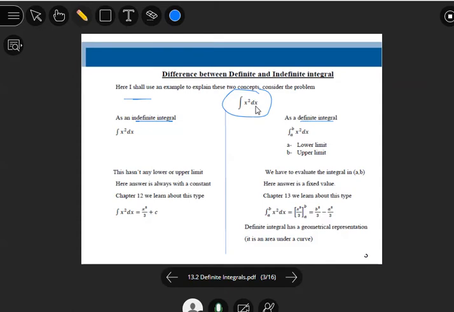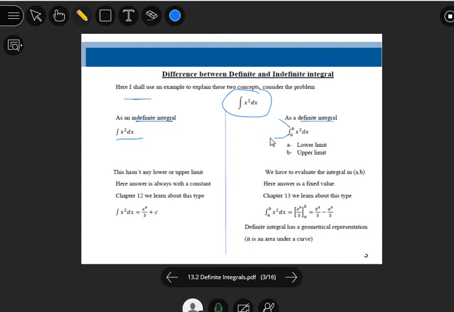Now let's see, if we consider it as an indefinite integral, what is the idea. So already we have learned about these integrals and we have solved such problems. But when we move to definite integrals, we have to do this integral in between lower limit a and upper limit b.